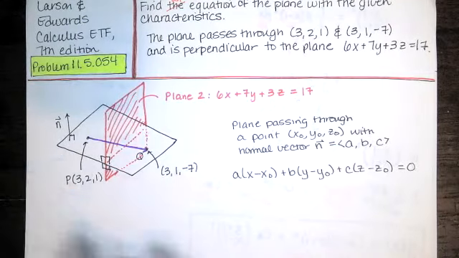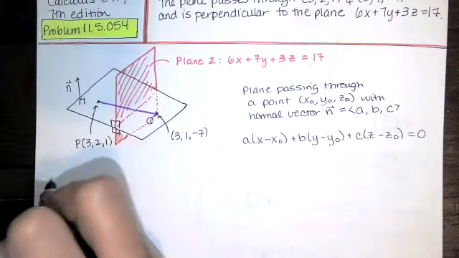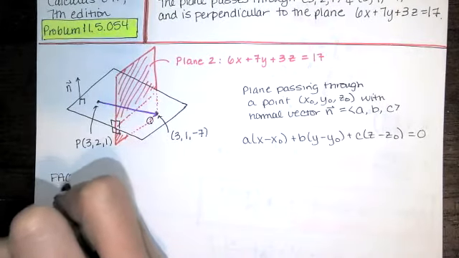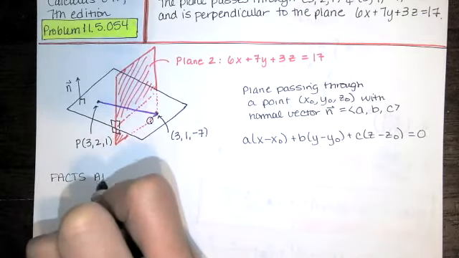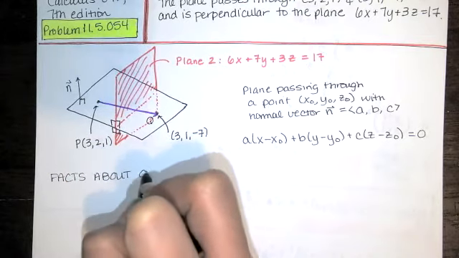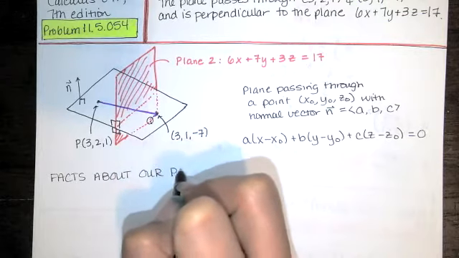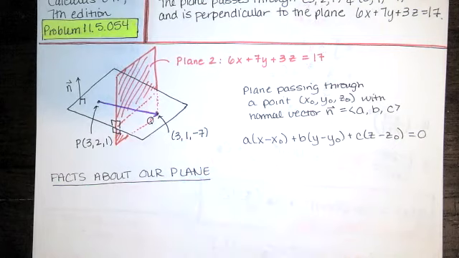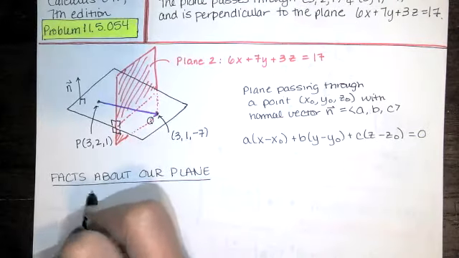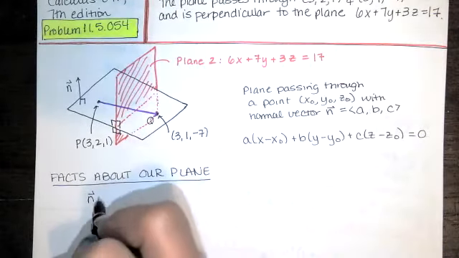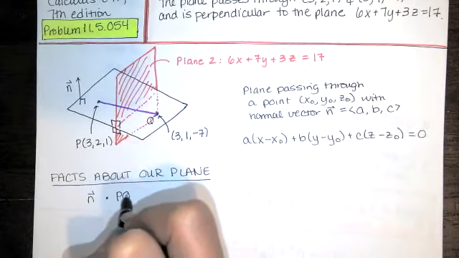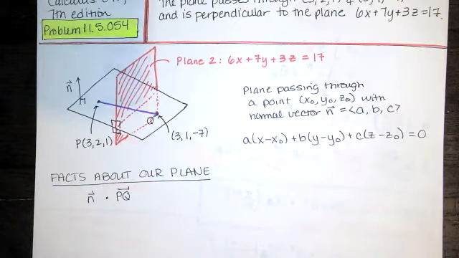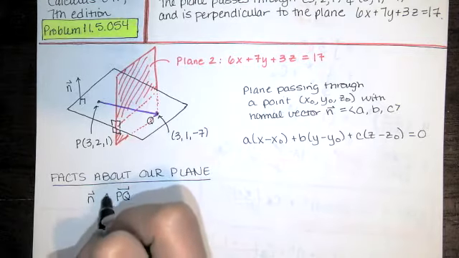So let's write this down. Now, we may not use all of these facts that we collect about our plane, but this is the information that we have. We know that the normal vector, which we need in order to find this equation of the plane, must be perpendicular to PQ or orthogonal to PQ.